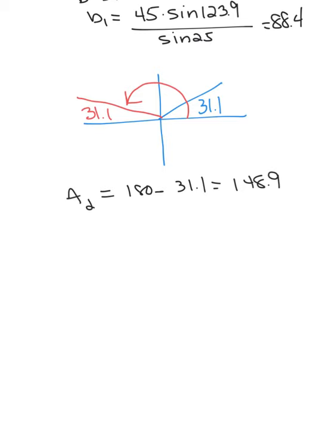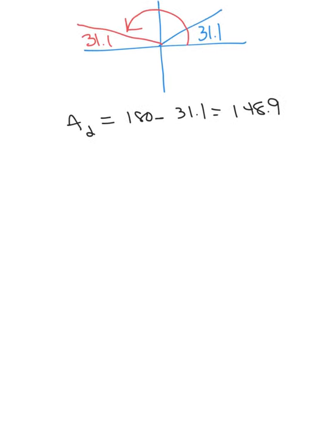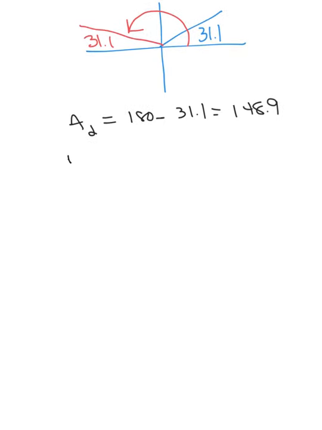Now we were given angle C and we have an angle A. We have to see what angle B would be. So B sub 2, now we're using the 180 for the measures of the angles of a triangle.